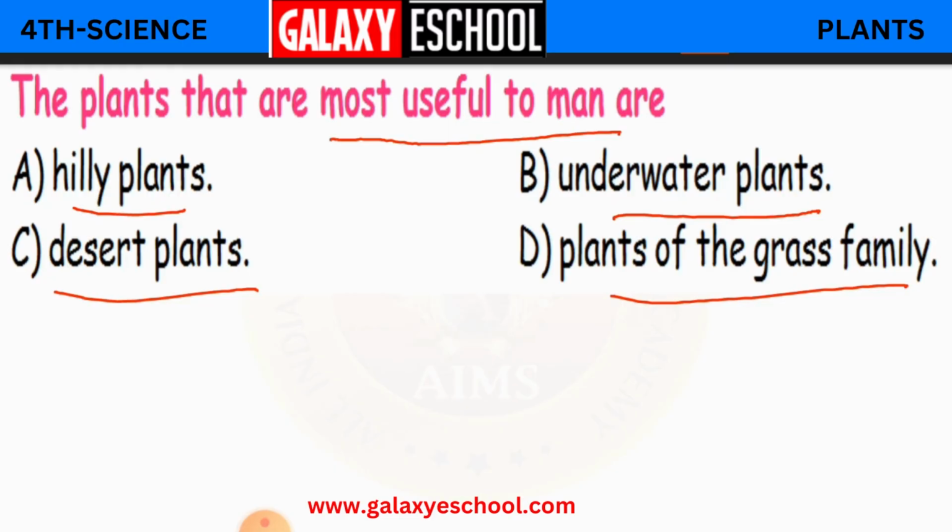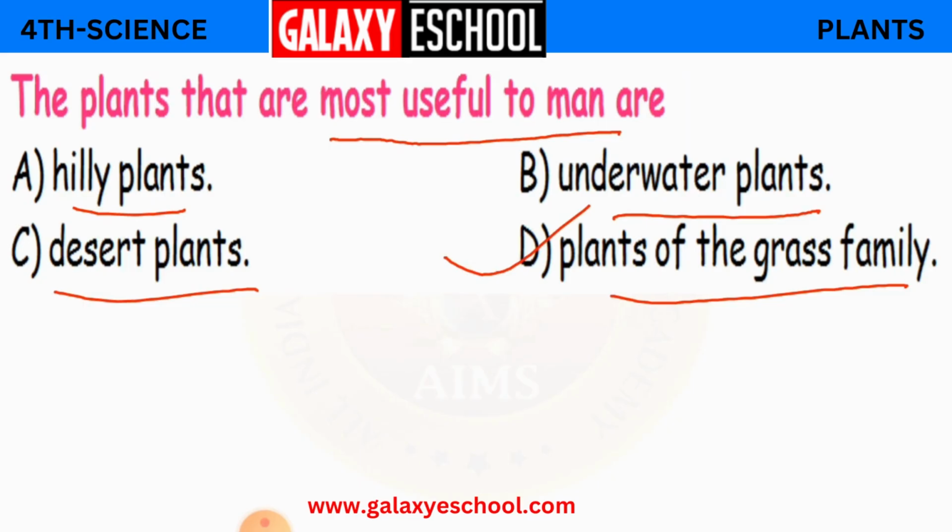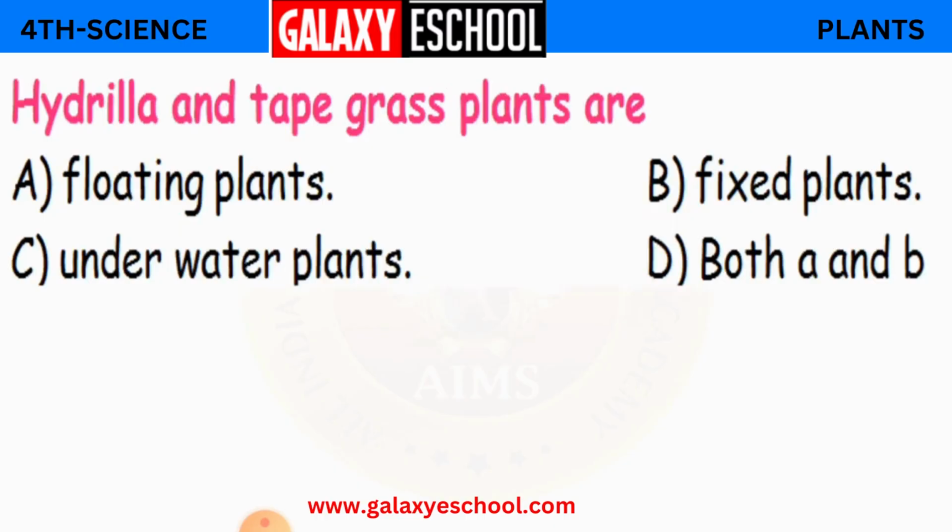In our options, we have plants of grass family. That is much useful to man. Apart from hilly, underwater and desert plants, plants of grass family are most useful to man because we consume rice, paddy and all that from that type of plants. Clear children? Yes. The next question.